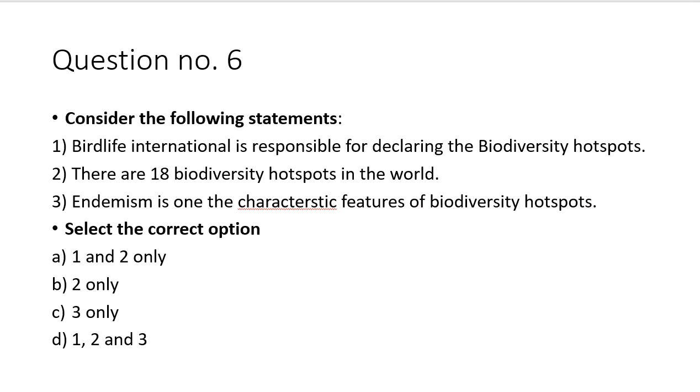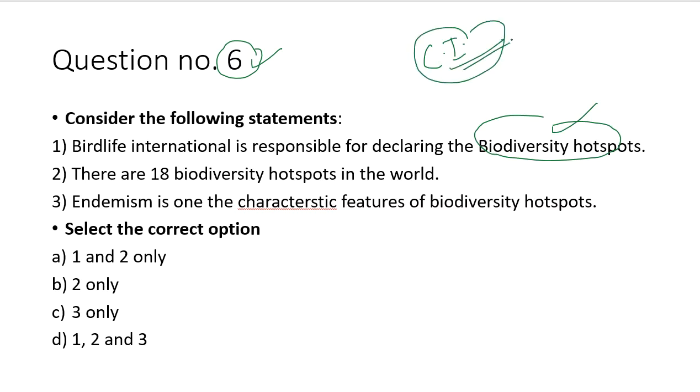The next question is here. Question number 6. It is on ecology, right? The question is on the biodiversity hotspot. What are biodiversity hotspots? These are defined by Conservation International.